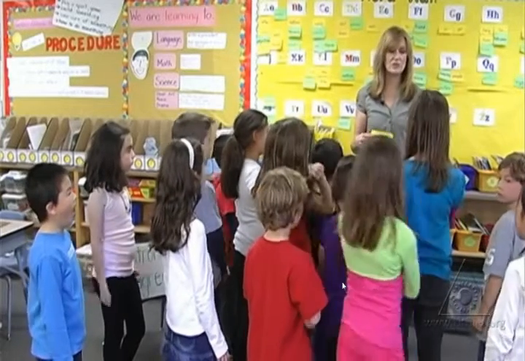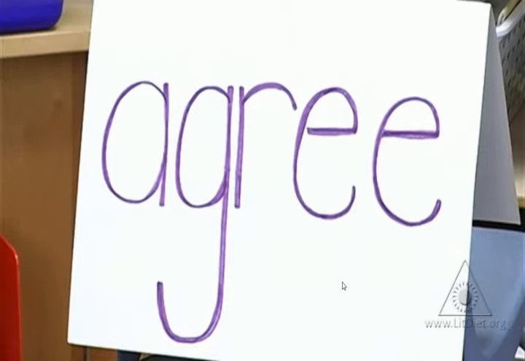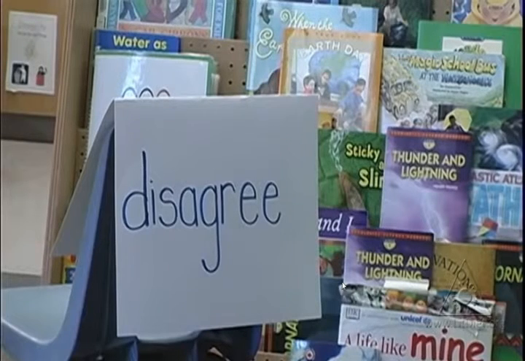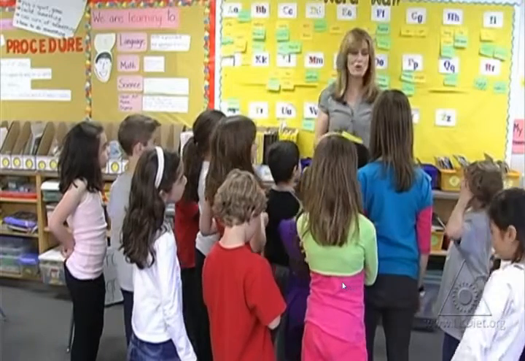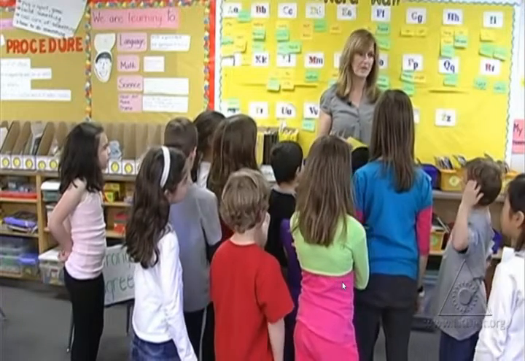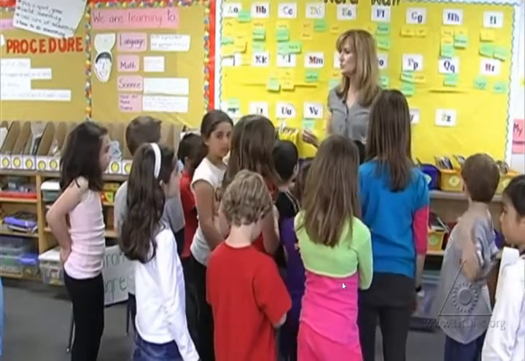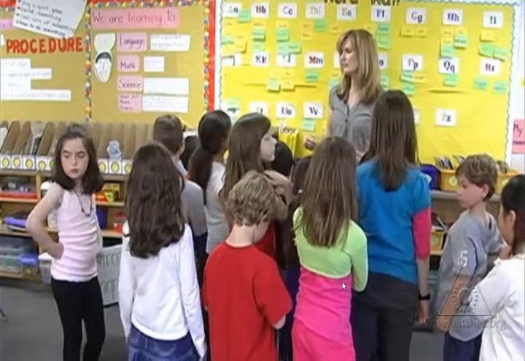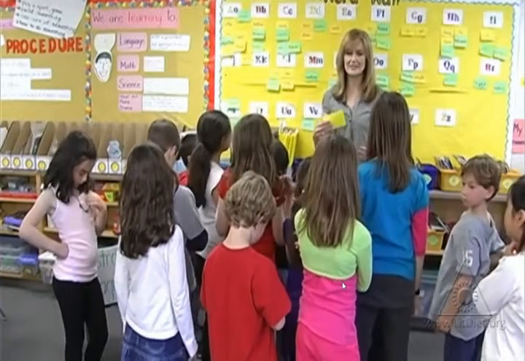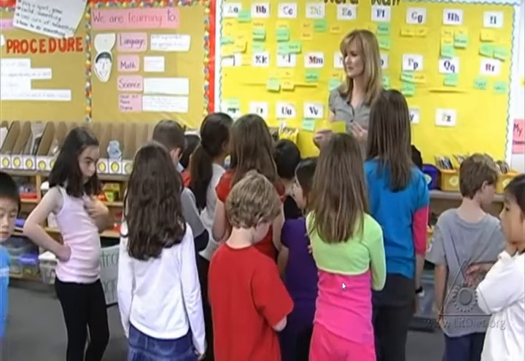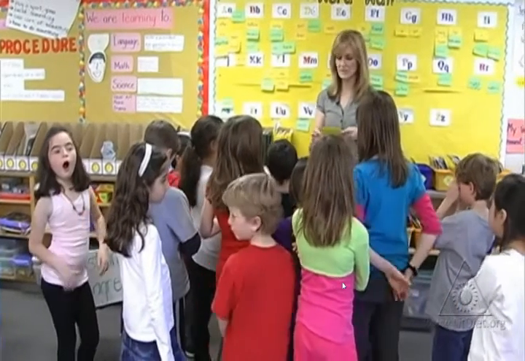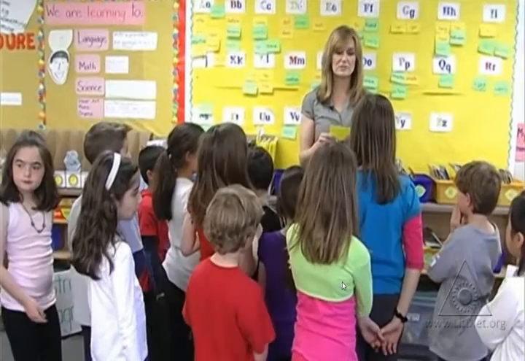And the sign is going to be agree, strongly agree, disagree, or strongly disagree. So we're going to move our bodies to the corner that we think reflects how we're feeling about a certain idea or a certain statement that I'm going to share with you. So the first one is all about procedural writing.